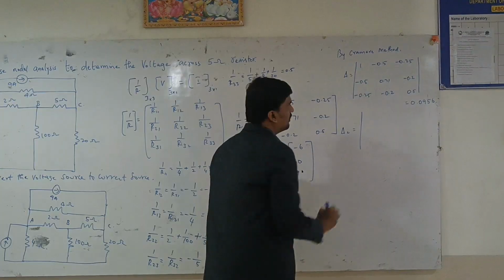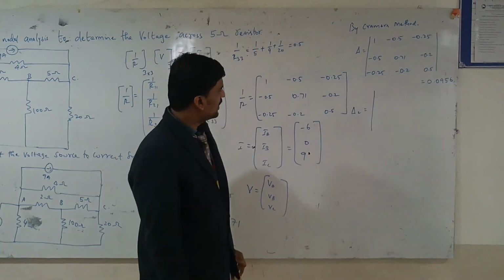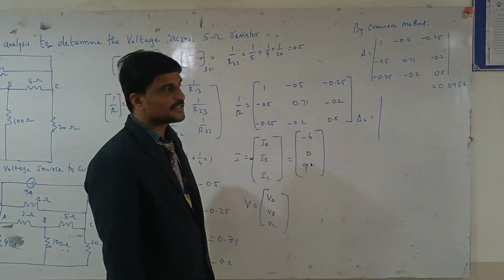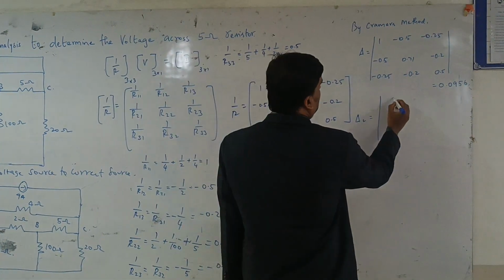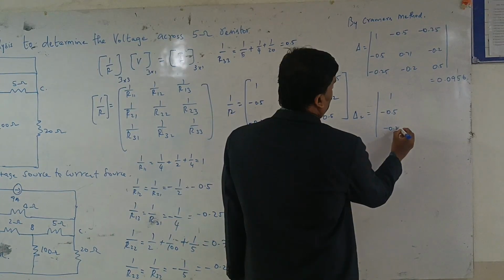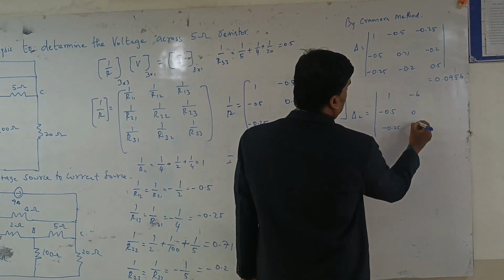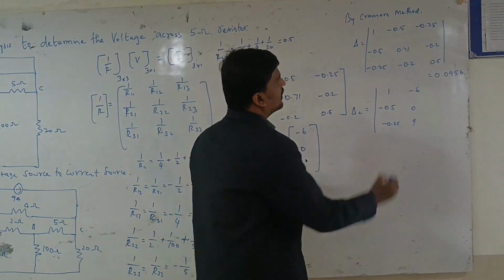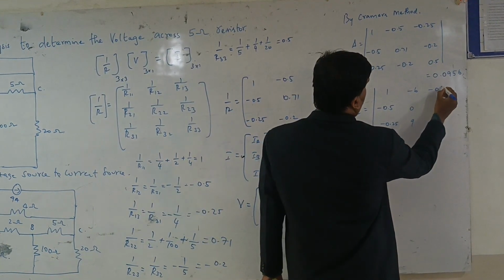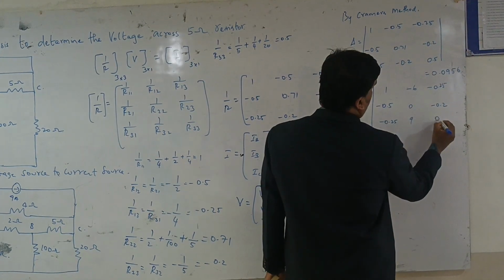Next we will find the value for del 2. So it is the determinant of: we have to keep the first and third columns as they are and replace the I values in the second column. So it is 1, minus 0.5, minus 0.25; minus 6, 0, 9; and the third row minus 0.25, minus 0.2 and 0.5.